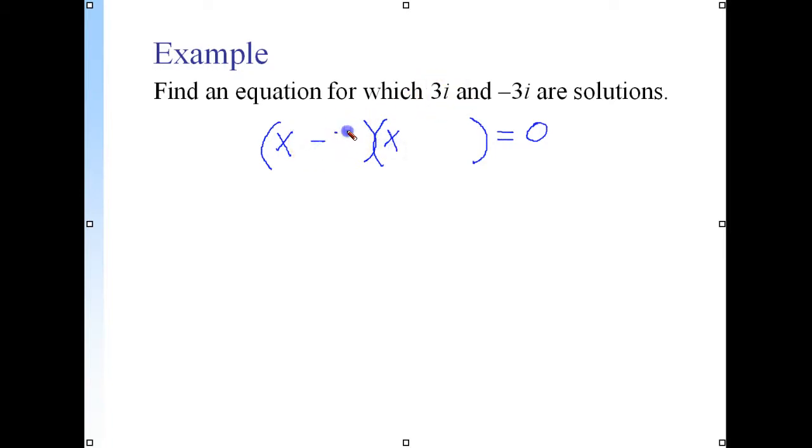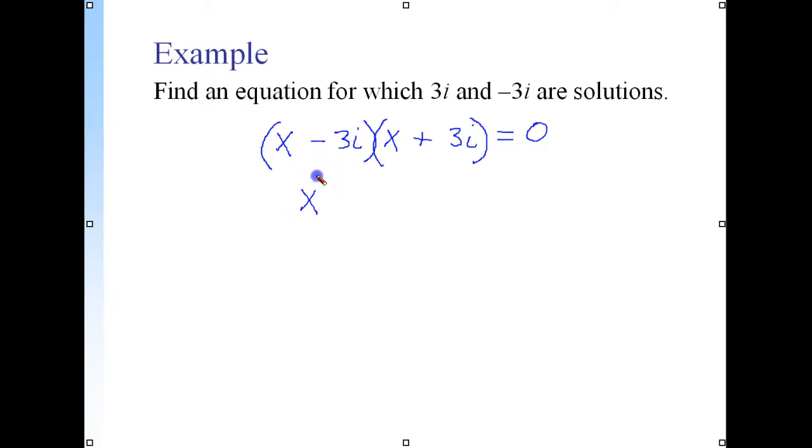So negative 3i. Here, this will be a positive 3i. So in a sense, we have conjugates that we're going to FOIL.